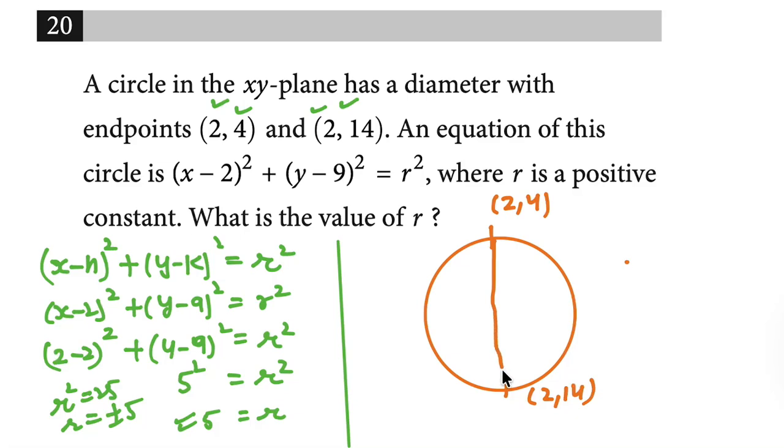Let's say this one is the diameter and the center is (2, 9). So if x is the same, then 9 minus 4 or 14 minus 9 is going to be the radius, which is 5, because x is not changing. So y2 minus y1 will be the value of the radius.